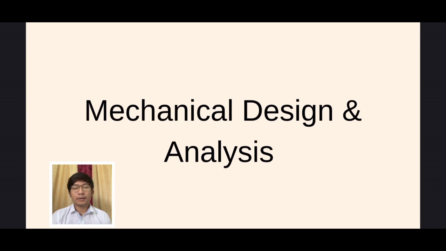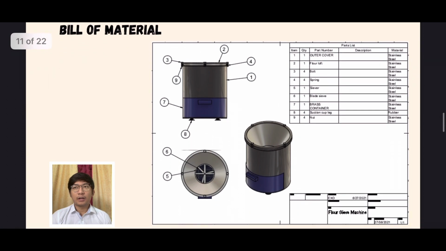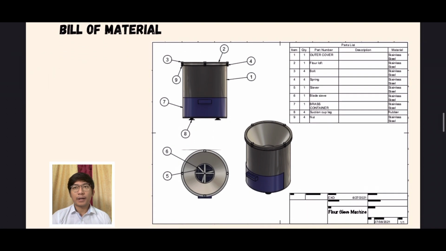Alright, as we can see, there is a bill of materials that we combine to make our flour sieve product. It consists of the outer cover as a main part to cover the internal machine. Second, we have the flour loft as a place to put the flour before it is sieved.